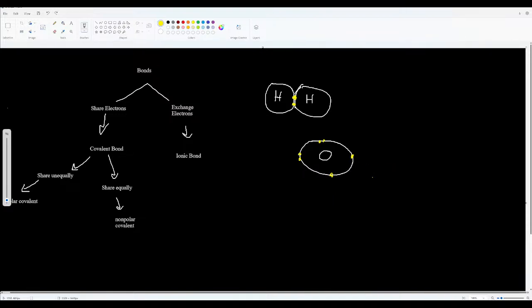2 electrons that are willing to share, because these are known as lone pairs. These are LP, lone pairs. These are lone pairs because there's nothing you could do with them. They're happy as they are. They exist in their own little space, because we want these electrons to be paired. That's ultimately the goal.